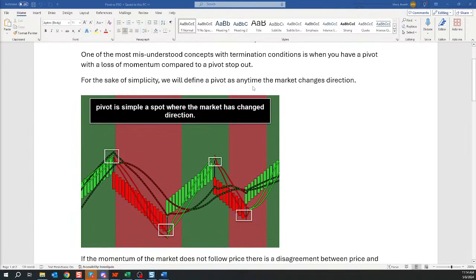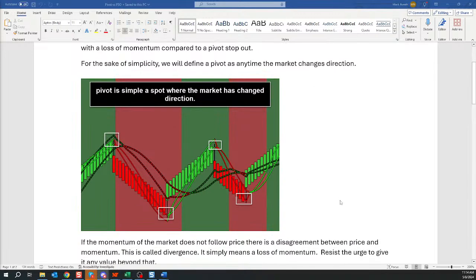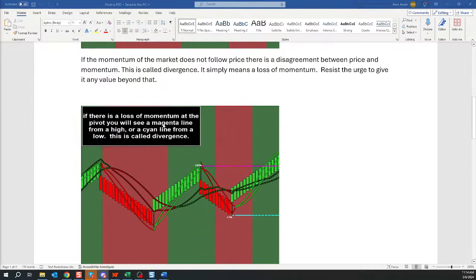For the sake of simplicity, a pivot is any time the market goes up and down, right? That's the first piece. And if there is a loss of momentum at the pivot, you're going to see that divergence line. You're good at recognizing this, but it's just a loss of momentum. That's it. Don't give it any more value than that, Kenny. It's just a loss of momentum that we see.